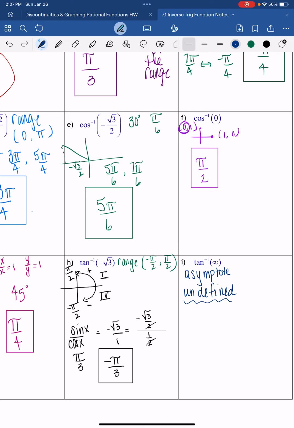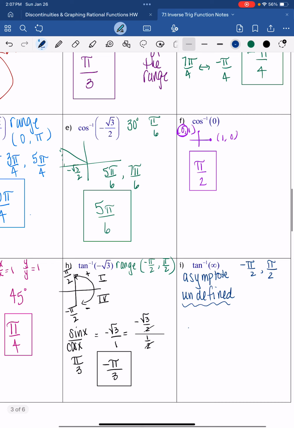If you look at the graph, the tangent is undefined at negative pi over 2 and positive pi over 2. Both of those fall within the range, so either one of them would be acceptable. Either negative pi over 2 or positive pi over 2. You only need to give one. If you give both, you won't get it marked wrong. You could give either one or the other.